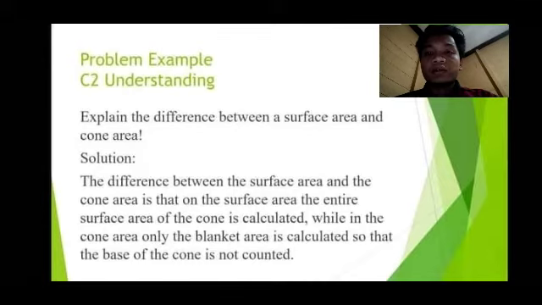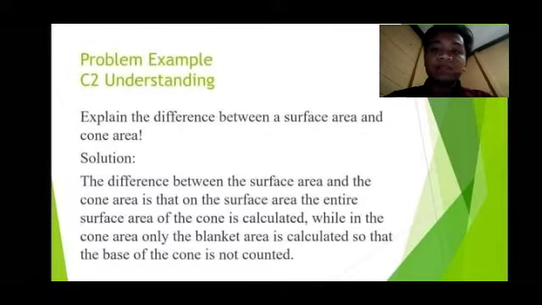Next is problem example C2, understanding. Explain the difference between surface area and cone area. The solution is that the difference between the surface area and the cone area is that in the surface area, the entire surface of the cone is calculated, while in the cone area, only the lateral area is calculated, so the base of the cone is not included.